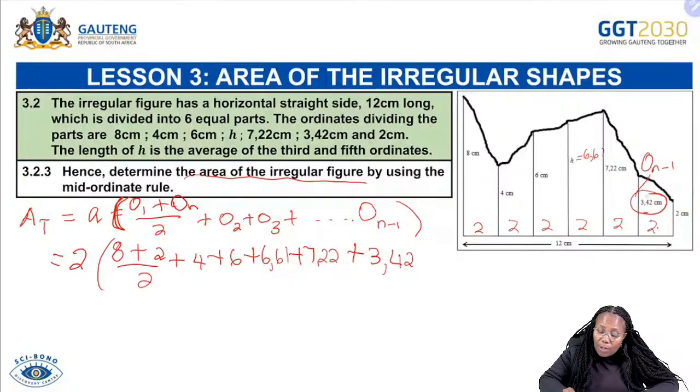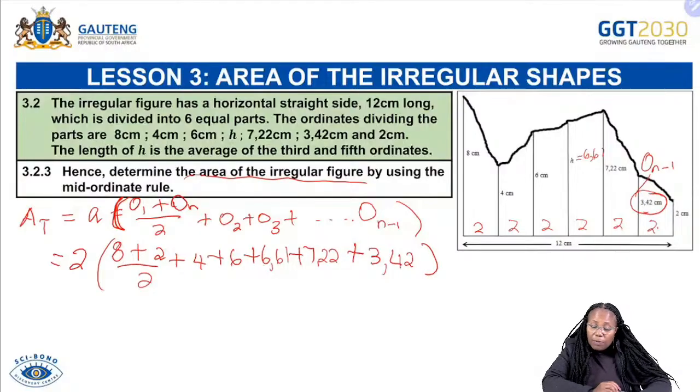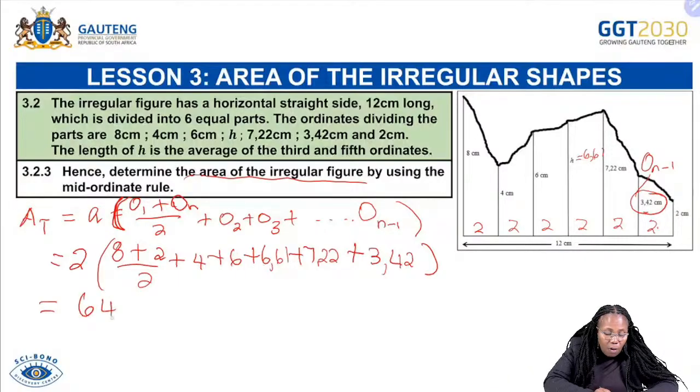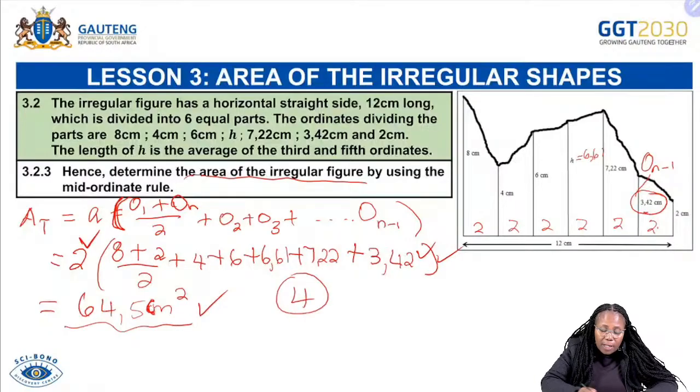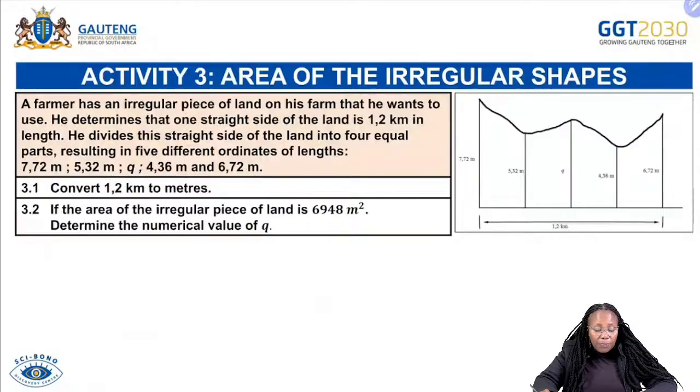And then now into your calculator, grade 12, straight to the answer. This must give you 64,5 square centimeters, because this is in centimeters. You can even use the first formula, you will end up with the same answer. That is 2 marks for substitution, 1 mark for the equal parts, and 1 mark for the answer. So this is worth 4 marks.